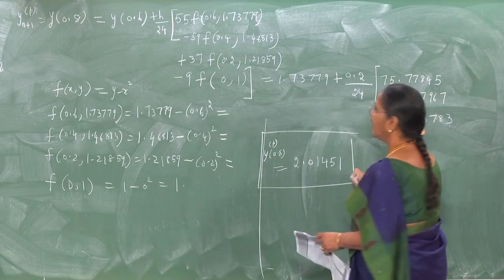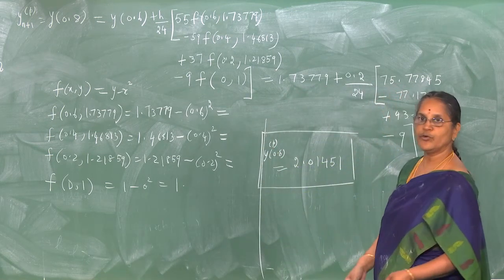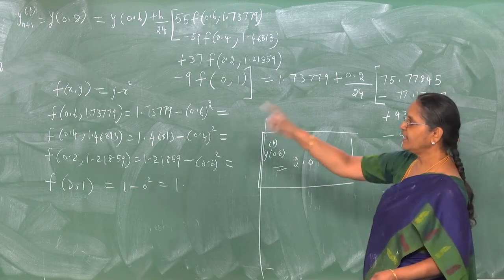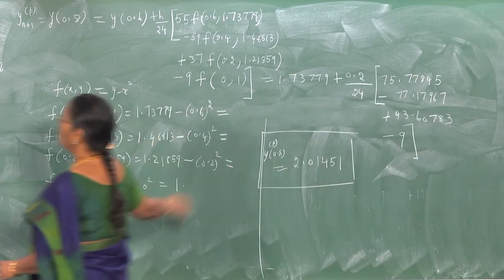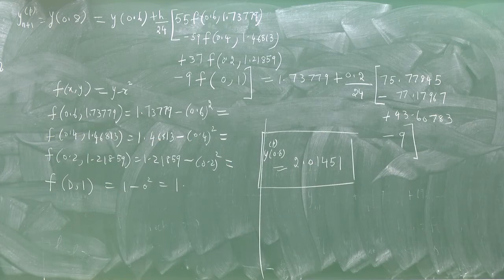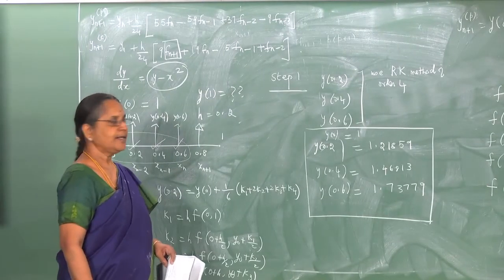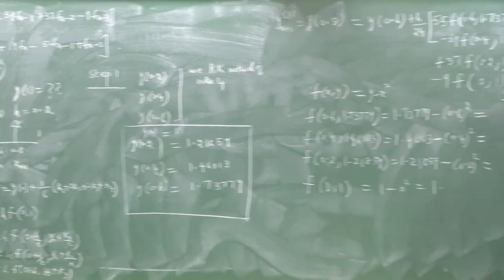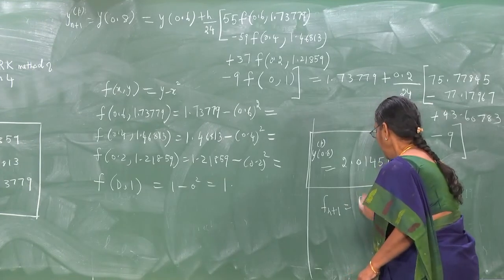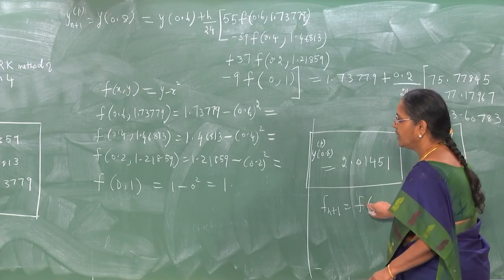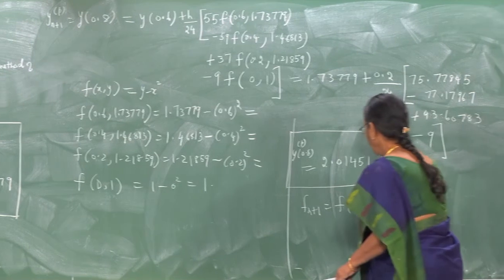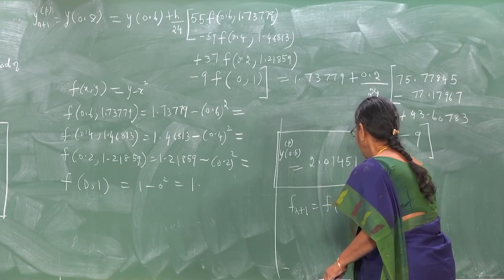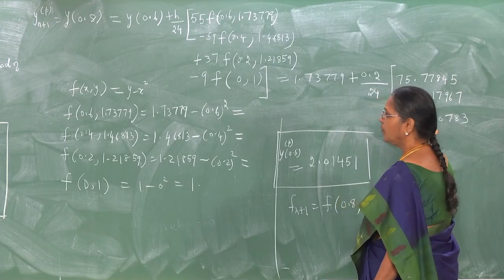Having predicted the value at 0.8, we would like to correct it using the corrector. So, before using the formula, just find out what is this fn plus 1. Here fn plus 1 is going to be f evaluated at x comma y. What is x? It is 0.8. What is y?